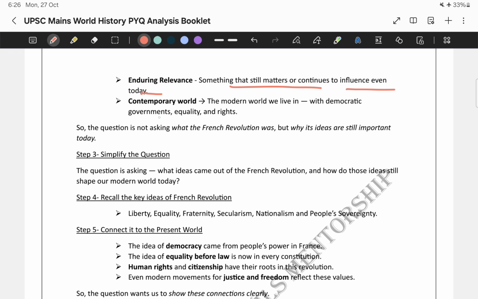And the last and final keyword is contemporary world. It means the modern world we live in, with democratic governments, equality and rights, all these things. So this question is not asking about what the French Revolution was, but why its ideas are still important today.